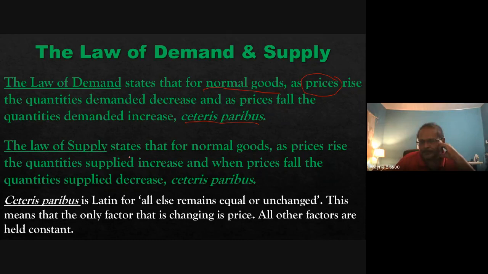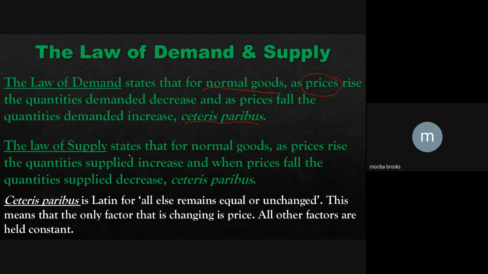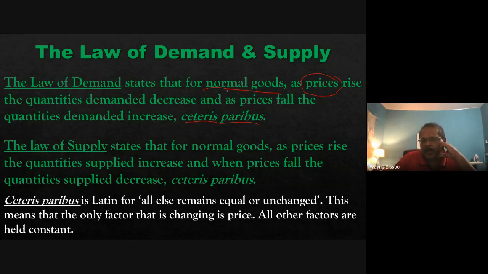Question? So when you were just saying abnormal goods, can you just repeat that line again, please? Those abnormal goods are actually the goods that don't follow the law of demand. So that when prices rise for that good, quantities demanded don't necessarily decrease.